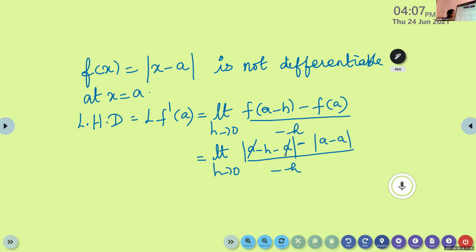Now plus a minus a will get cancelled. It is limit h tending to 0, modulus of minus h minus 0 by minus h.